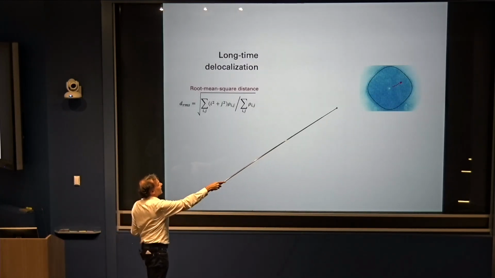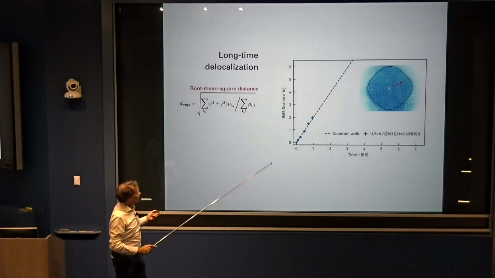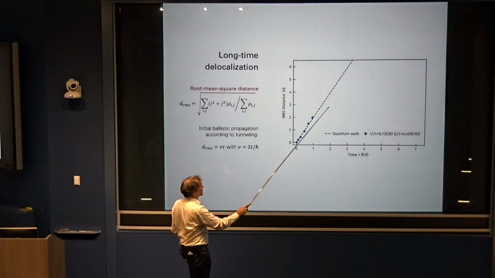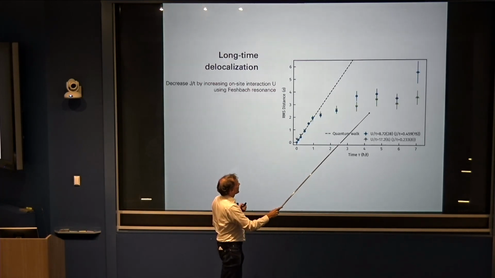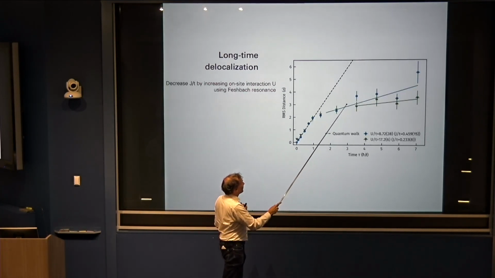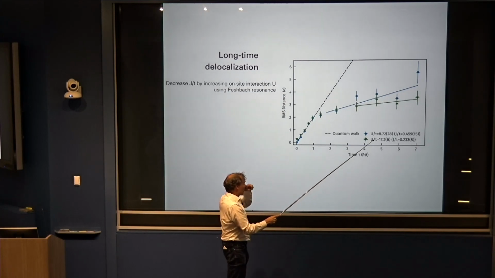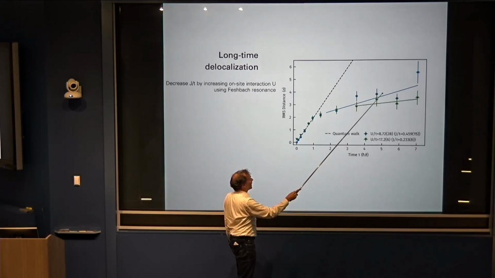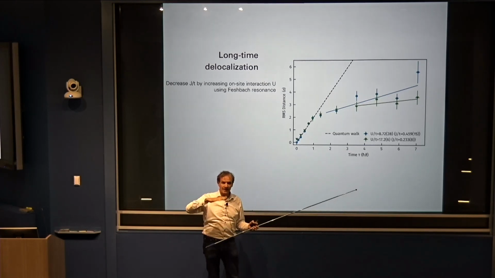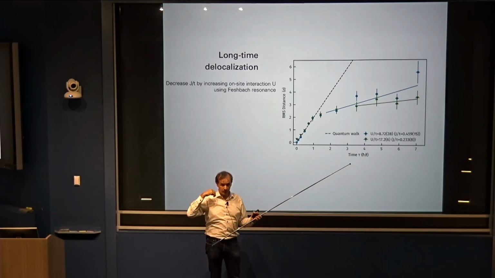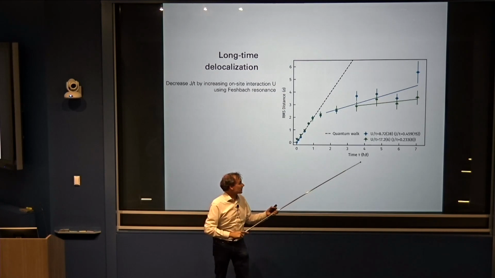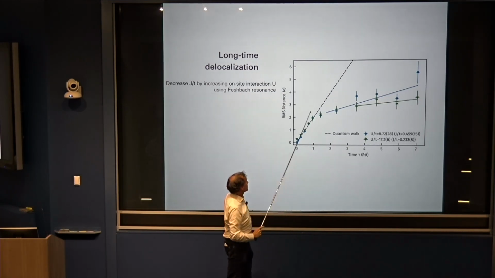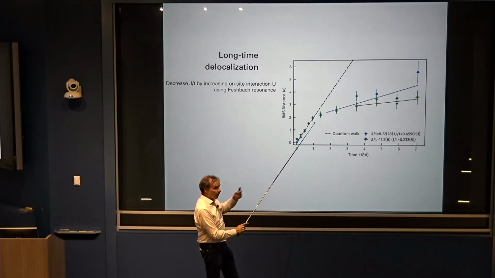But how does it move over longer distances? Again, at short times it moves just like a quantum walk, but then it slows down quite a bit. And importantly, the difference between the blue and the green here is that we change the magnetic energy, the energy scale of the magnetism in the system, and we see that the whole motion is, for short distances, just given by how quickly it tunnels.